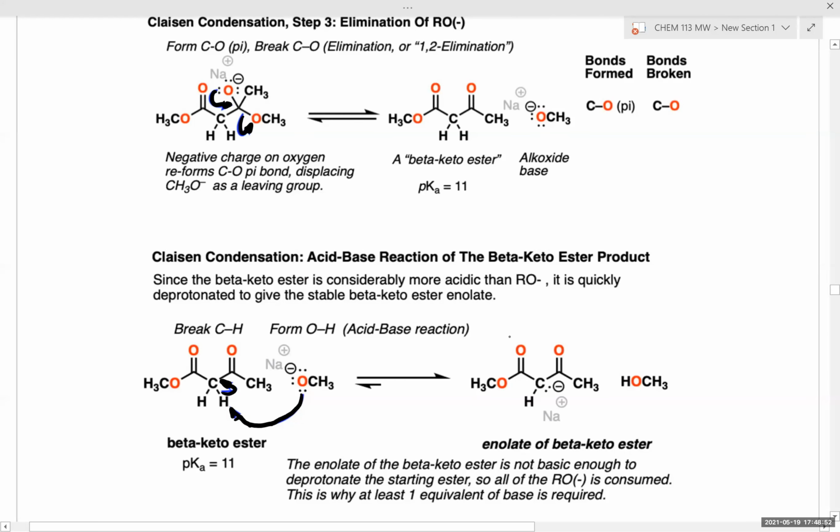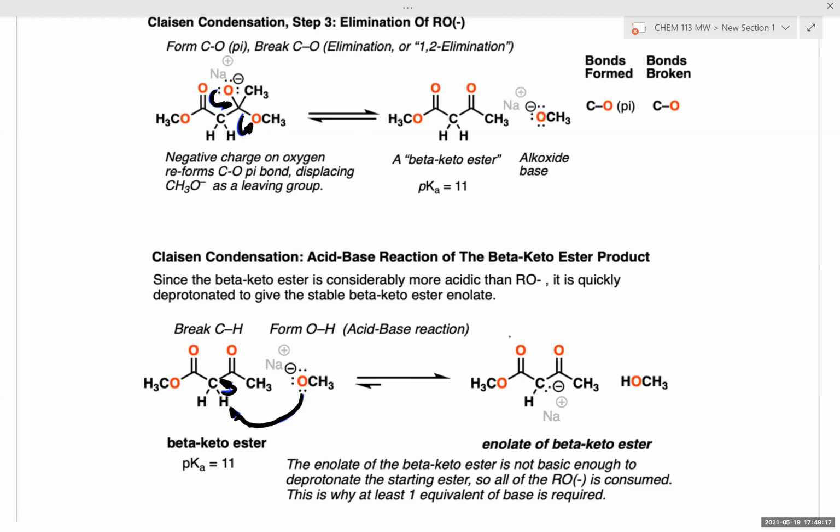Unlike the Aldol reaction, which is catalytic in base, the Claisen condensation is stoichiometric in base because the final deprotonation step makes a beta ketoester enolate, and this beta ketoester enolate is not basic enough to deprotonate our starting material, nor is it basic enough to deprotonate our alkoxide equivalent.